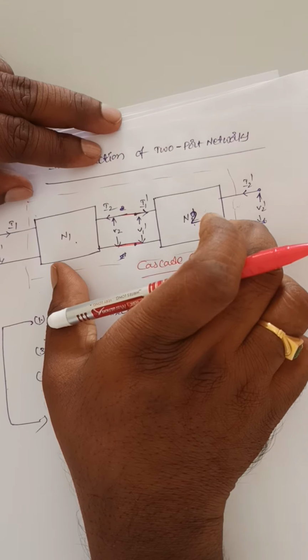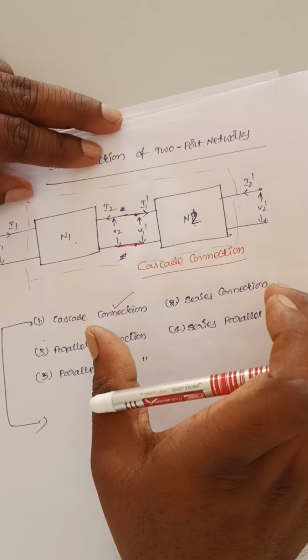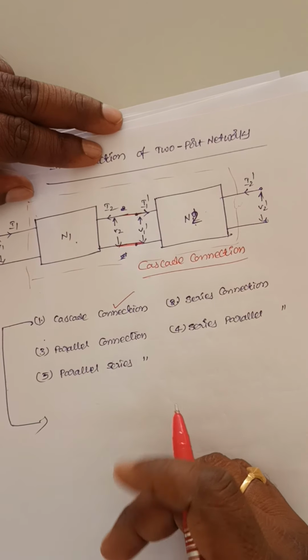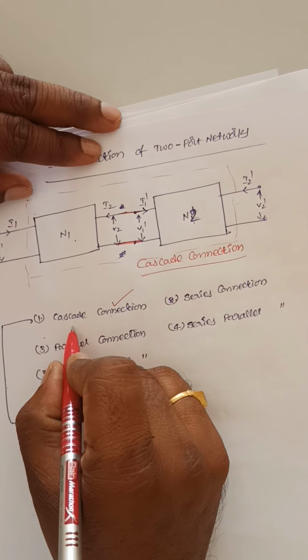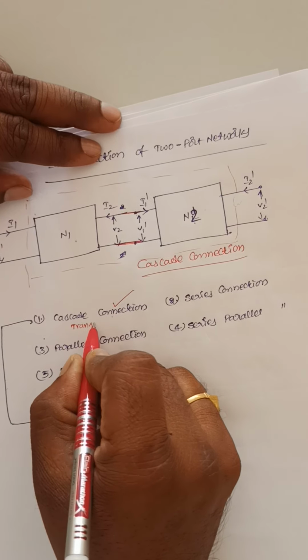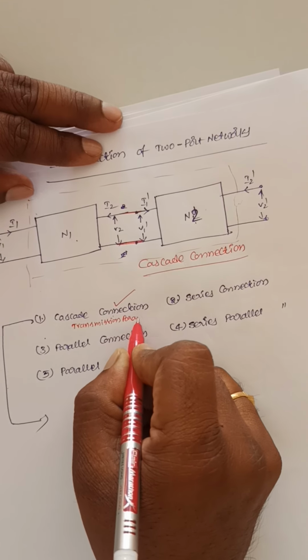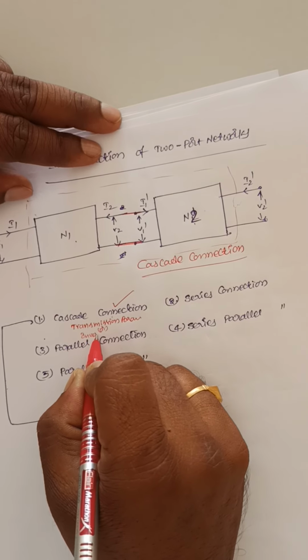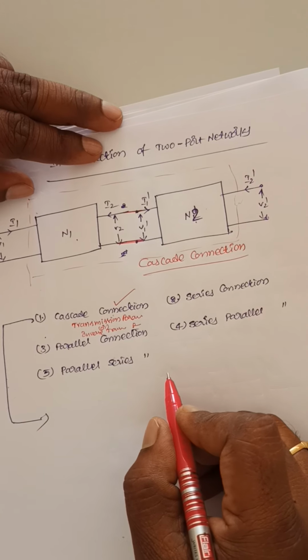So for this connection, which parameters are easier to find, I am going to discuss here. For this cascade connection, it is better to find the transmission parameters or inverse transmission parameters. Why?